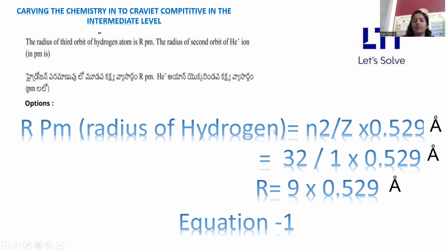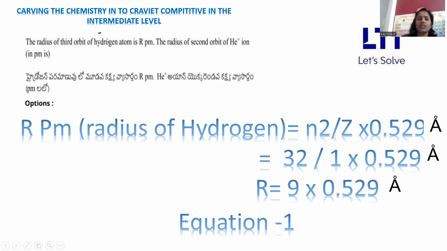So it's a formula. In order to calculate the radius of hydrogen, the formula is n squared by Z into 0.529 angstroms. N denotes in which orbit the electrons are lying. Z is its atomic number. 0.529 is the constant parameter.